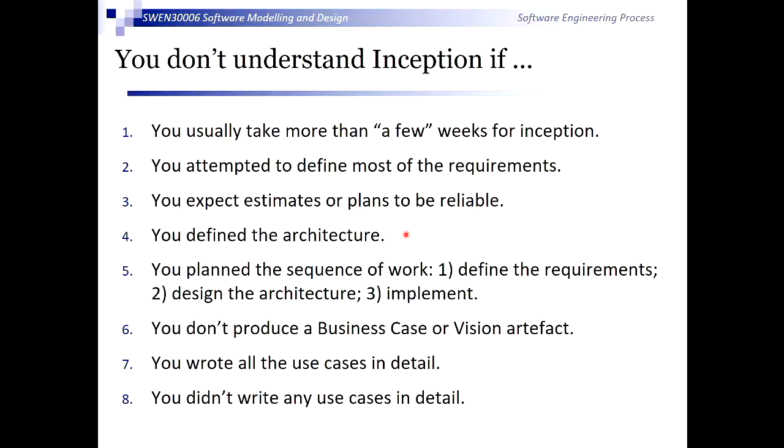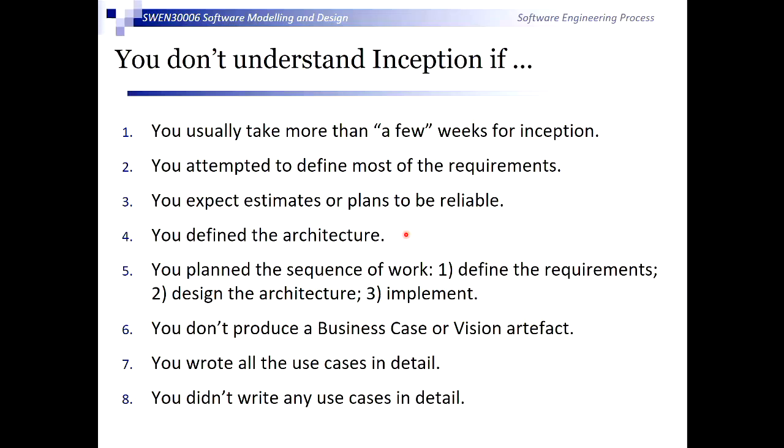If you've defined the whole architecture, and let me be clear here, you would expect at the end of inception that you'll have some architectural concepts that you want to pursue. So you'll have some idea of what you expect the architecture to be, but the architecture is about a breakdown of components, defined interfaces, external components.